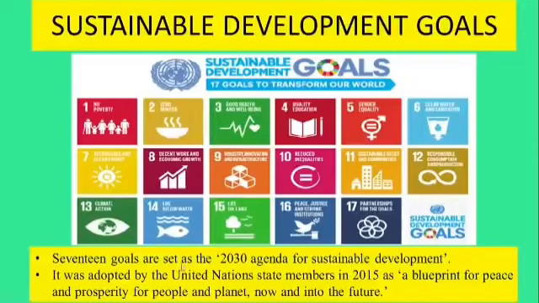So 17 goals are set as 2030 Agenda for Sustainable Development. It was adopted by United Nations state members in 2015 as a blueprint for peace, prosperity of people as well as for planet.